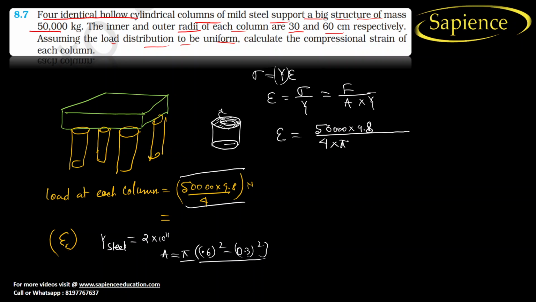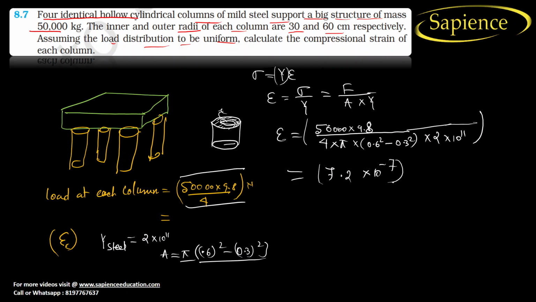So area will be pi into 0.6 whole square minus 0.3 whole square, into Young modulus of elasticity of the steel, which is 2 into 10 to the power 11. So finally we need to calculate this. If we calculate this, we get the value 7.2 into 10 to the power minus 7. This is a unitless quantity.